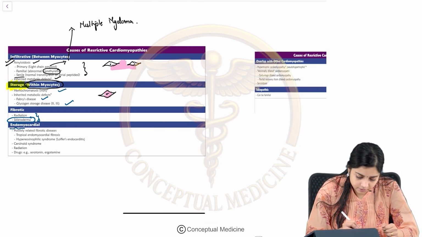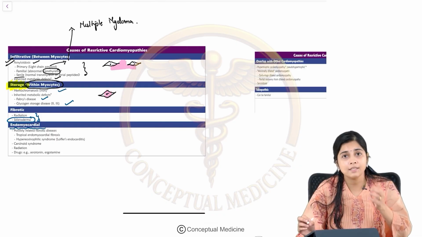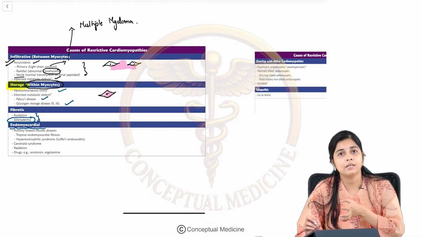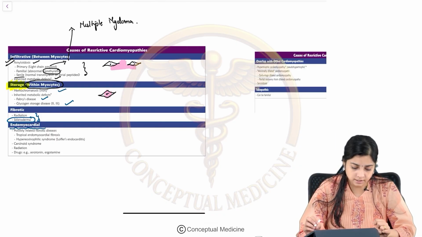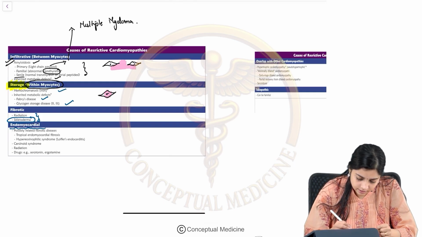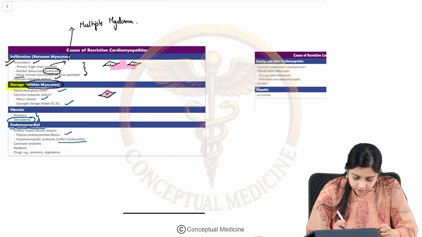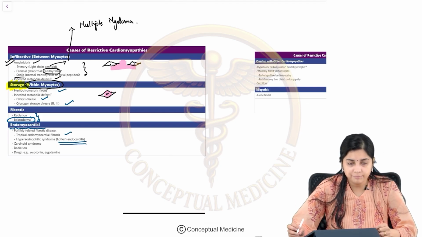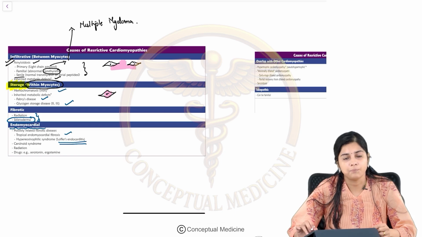Then endomyocardial involvement. Sometimes there can be endocardial as well as myocardial involvement, which causes a type of restrictive cardiomyopathy. This is seen in tropical endomyocardial fibrosis and in Loeffler's endocarditis, which is again a type of hypereosinophilic syndrome. Okay.